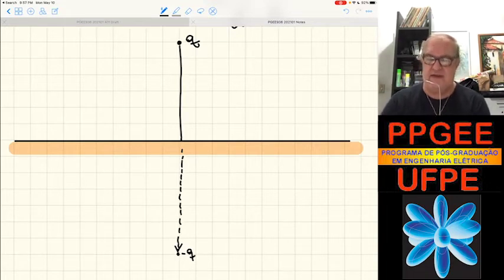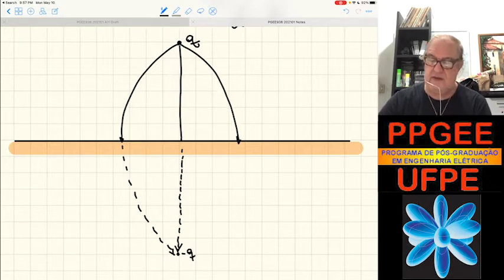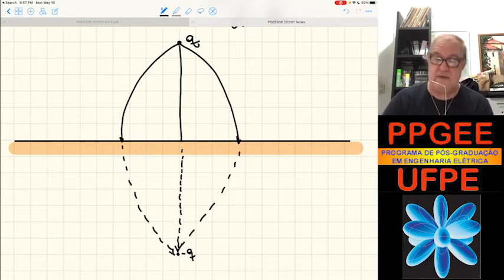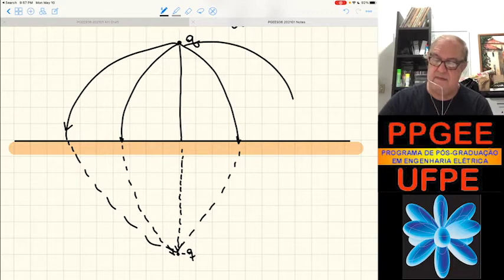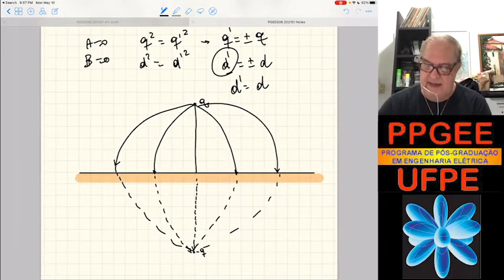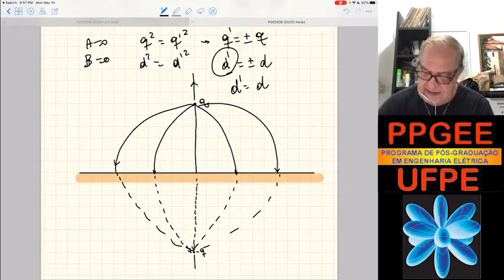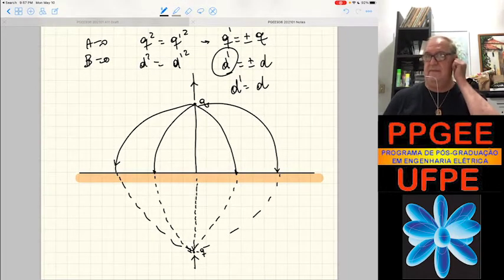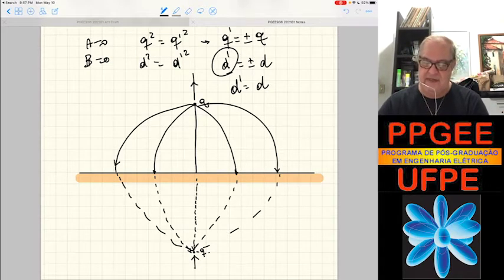So this is a dipole, in fact. I have a curved line like this, going to end on the surface, but if you extend the line, it's going to end on the image charge, and so on. All the lines go down, and there is one line that goes like this, but it arrives here. There's an infinite number of lines, but only one line goes there, and it arrives here.